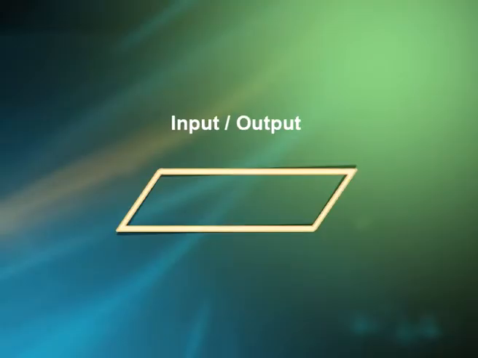The second one is the input output symbol. Input output symbol is a parallelogram that represents input or output to a program. If there is a program instruction to input data from a disk, tape, card reader, terminal or any other type of input device, that step will be indicated in the flow chart with an input output symbol.